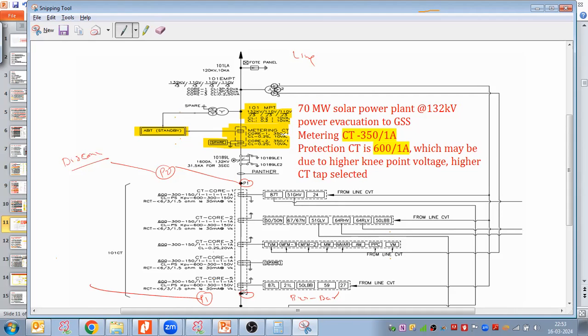Accordingly, we keep this polarity in case of the GI solar power plant. Am I clear? Statement number 1, because this P1 is here right now. We discussed P2 should be on the line side. So I'm providing clarifications about this.